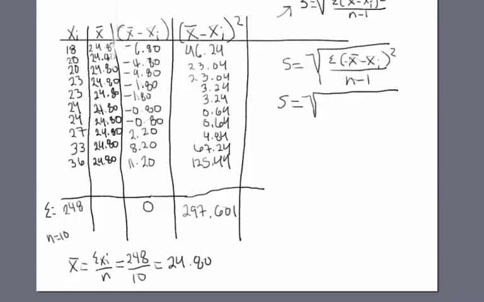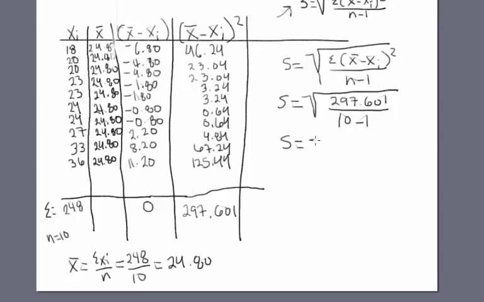The sum of the quantity x bar minus x sub i squared is right here because we calculated it already. So we'll put in 297.601, and that will be divided by n. That's the number of data points you have, sample size, number of subjects you have. You can see that's 10. 1, 2, 3, 4, 5, 6, 7, 8, 9, 10, minus 1.